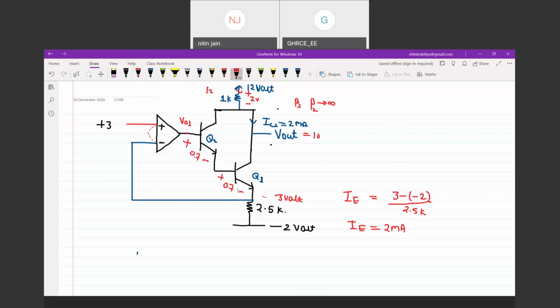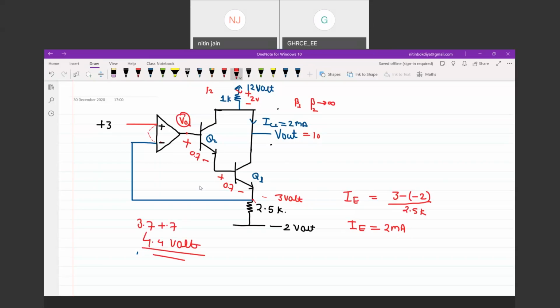By taking 3 volt as a reference, it's 3.7, and VO1 is equivalent to 3.7 plus 0.7, which is 4.4 volt. So this is the answer for the question.